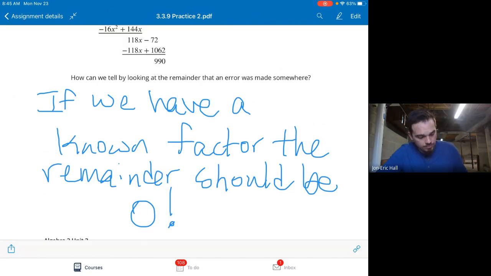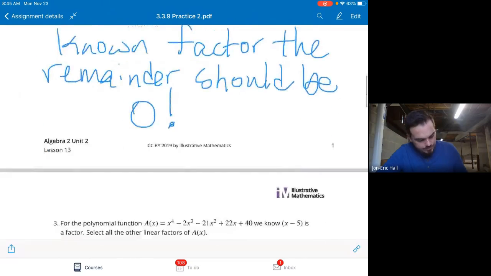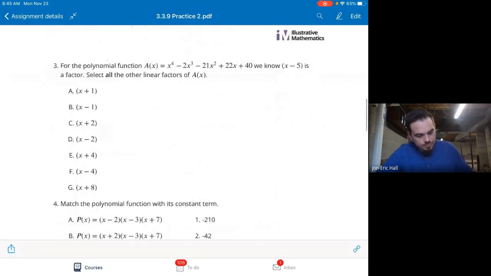All right, moving right along here. Number 3, for the polynomial with a known factor of x minus 5, select all the other linear factors. Okay, so we've got x to the fourth minus 2x cubed minus 21x squared plus 22x plus 40. And we know x minus 5 is a factor.